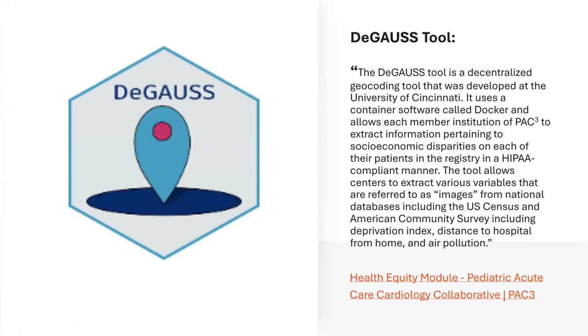For the addresses that you're pulling in, it will give you the geocode and then the drive time distance to the facility. There is a lot more information on the DeGAUSS website if you're interested, and the project itself, the health equity module, is available. You can see more information on the PAC3 website, which I've included down here.